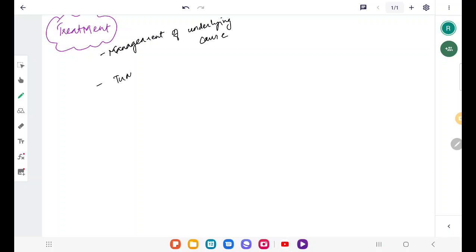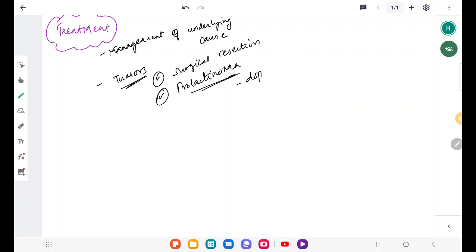So presence of tumors can be rectified by surgical resection, and in case of prolactinoma, dopamine agonist such as cabergoline can be given.